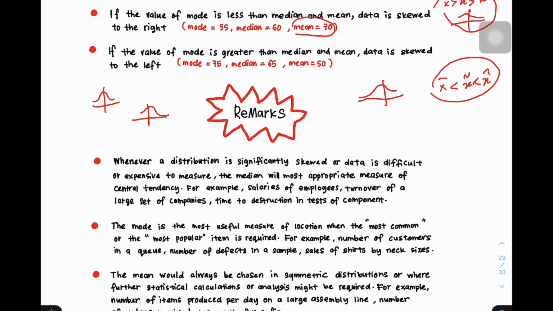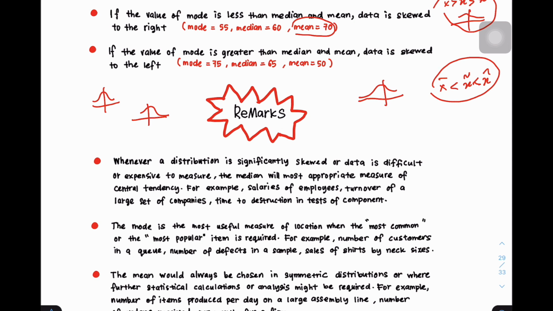Okay, mode pula adalah useful measure of location when the most common or the most popular item is required. So kalau kita nak kaji most common item atau most popular item, so kita tahu mode ni adalah berkenaan dengan kekerapan, frekuensi. Okay, mode maksudnya kekerapan sesuatu data itu exist dalam kita punya data set adalah yang paling tinggi.